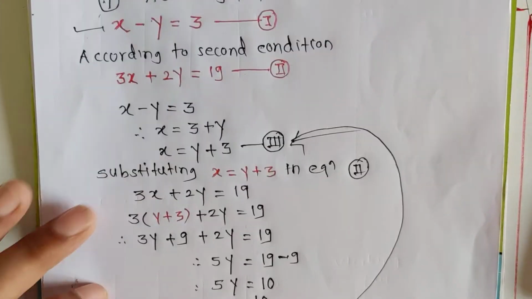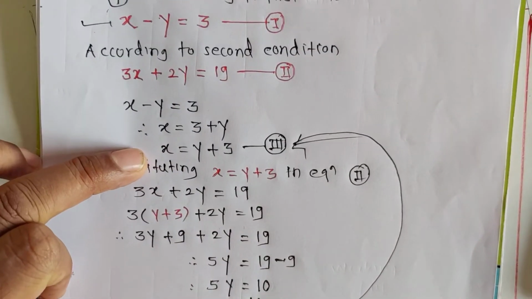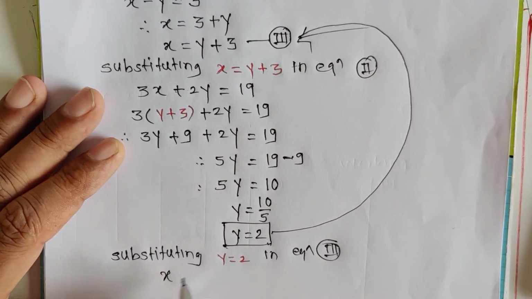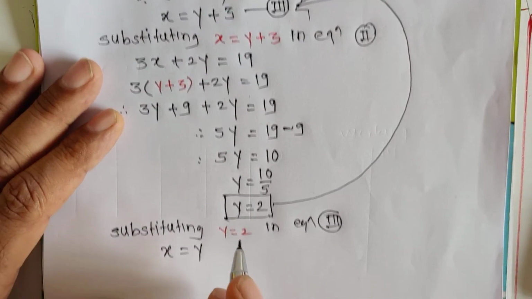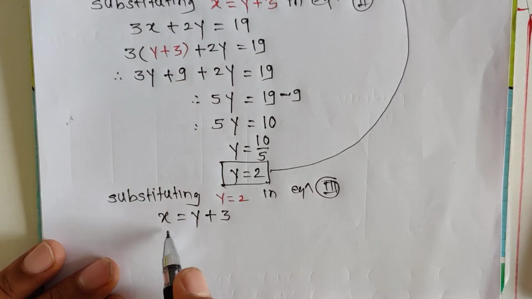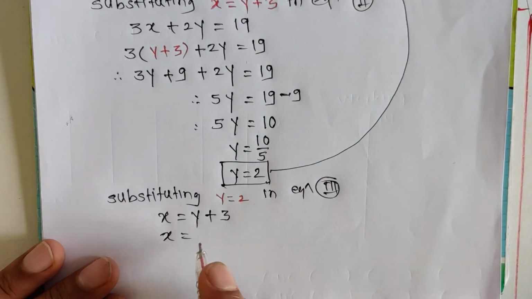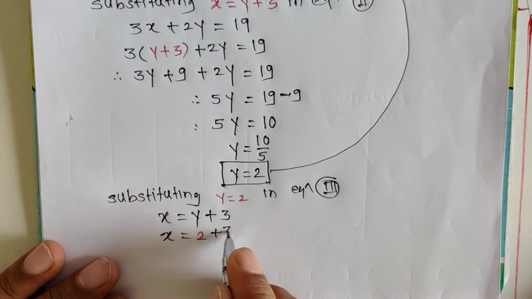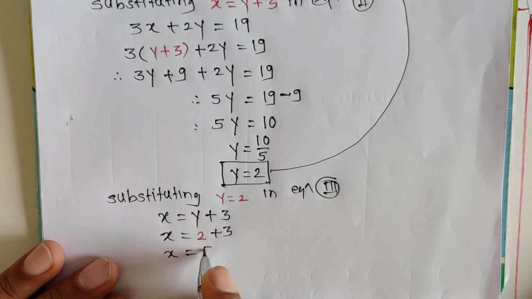So equation 3, here it is, x is equal to y plus 3. Now substitute y. So x is equal to, instead of y we substitute 2, plus this 3. So x is equal to 5.